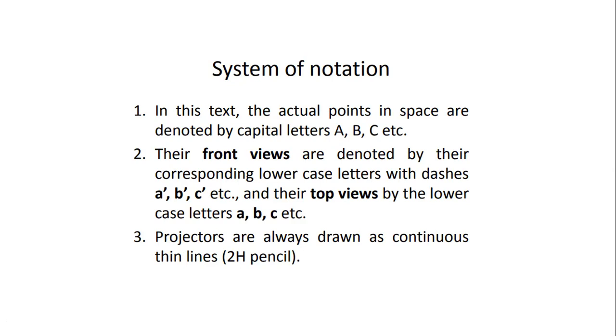Then the top view by the lowercase letter, simply a, b, and c, etc. And the visual ray line, that is the projector line, will be marked using a 2H pencil with a thin line to view the different objects with reference to the front view and top view angle. This is just a system of rules to be followed for naming the front view and top view with different symbols, the notation.